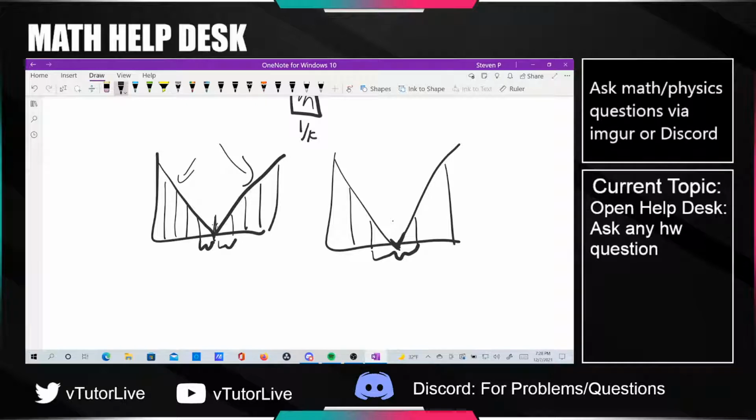Do you get what I mean by error? When I say error, I mean the difference between the actual area under the curve, compared to the approximation of the rectangles. And for this particular problem, the area under the curve is super easy to find, right?